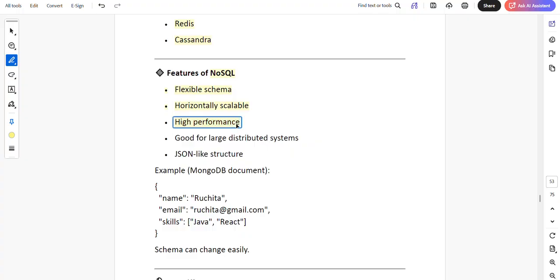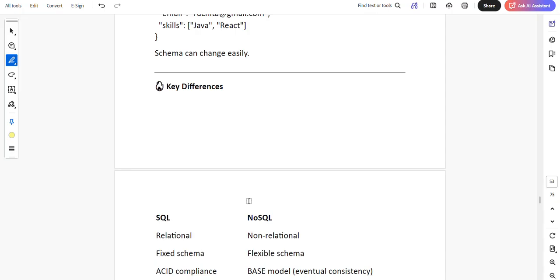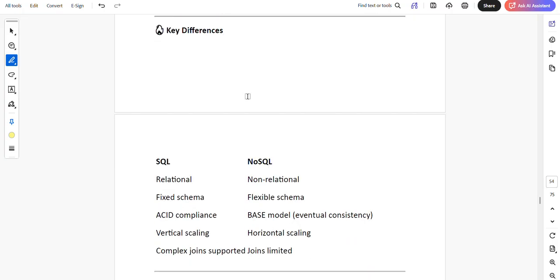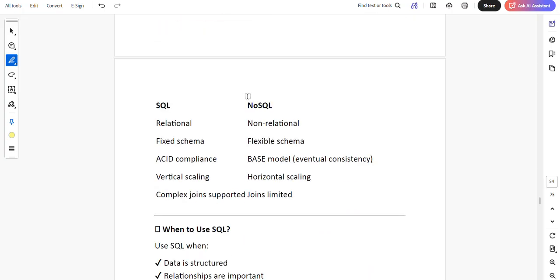It also has high performance, is good for large distributed systems, and has a JSON-like structure. The schema can change easily.